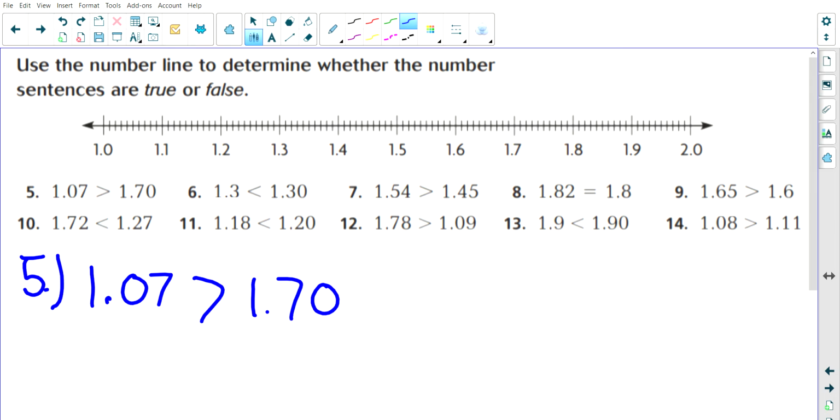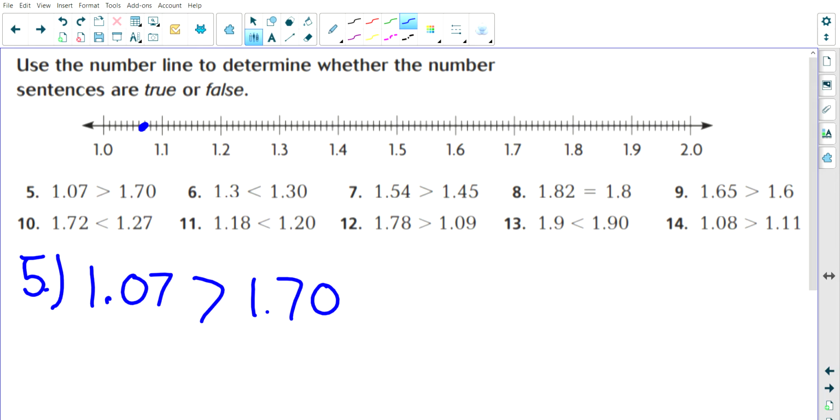So I'm going to put a dot where we should be comparing. Go ahead and line up your finger along that number line as well where I put the dot. So I have 1 and 7 hundredths. I know that that's not quite to 1.1. I know it's 1 and 1, 2, 3, 4, 5, 6, 7 would be right here. 1 and 7 hundredths, not quite full to 1.1. Then I have 1 and 70 hundredths.